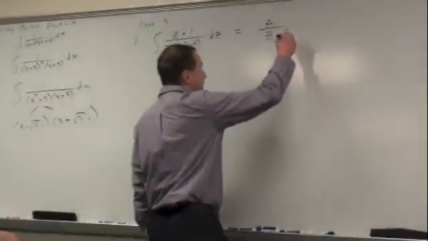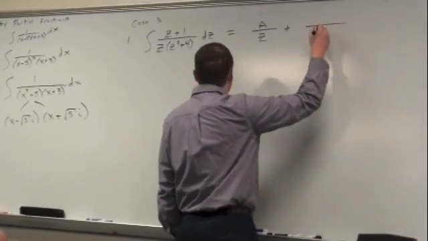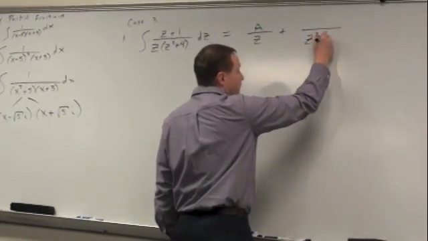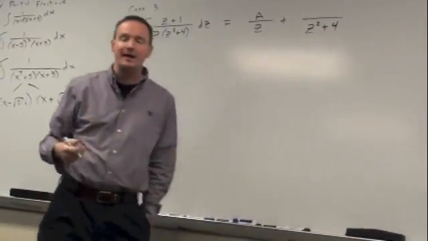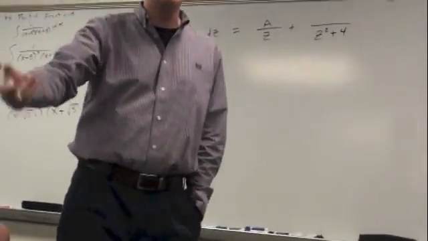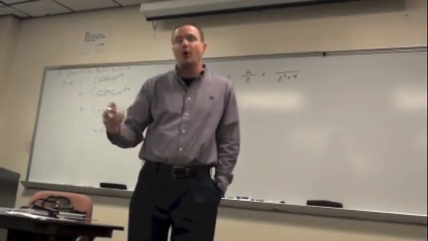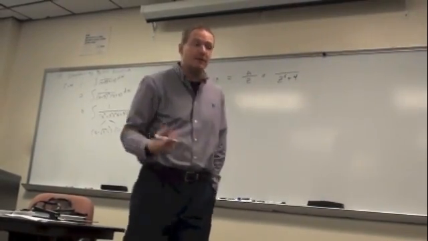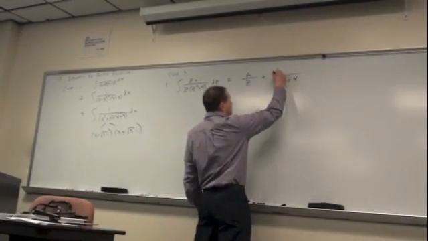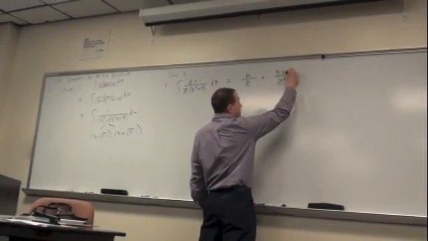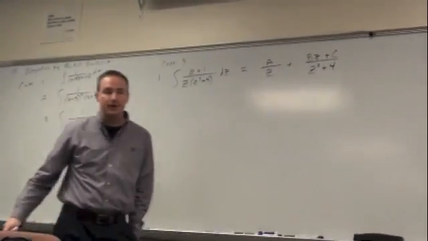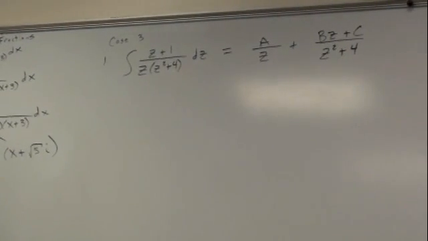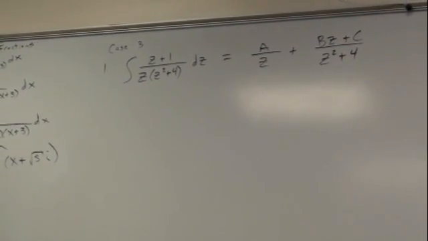However, I'll say plus, this second factor is z squared plus 4. That's a quadratic, so my numerator needs to be a linear, so I'll say bz plus c. That's just a linear function, 1 degree less than the second power in the denominator.